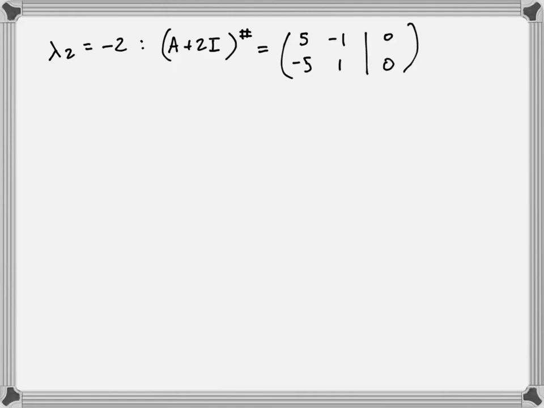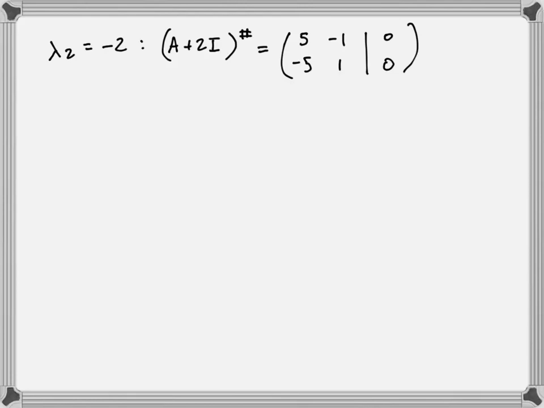We had lambda 2 equal to negative 2. So we look now at A plus 2I augmented, which is equal to 5, negative 1, negative 5, 1, and 0, 0. So what do we do here?